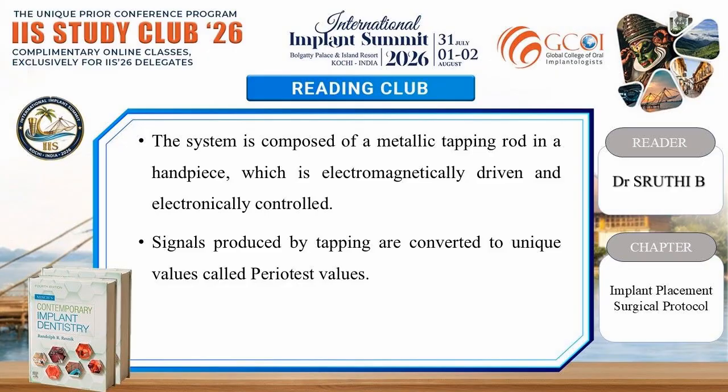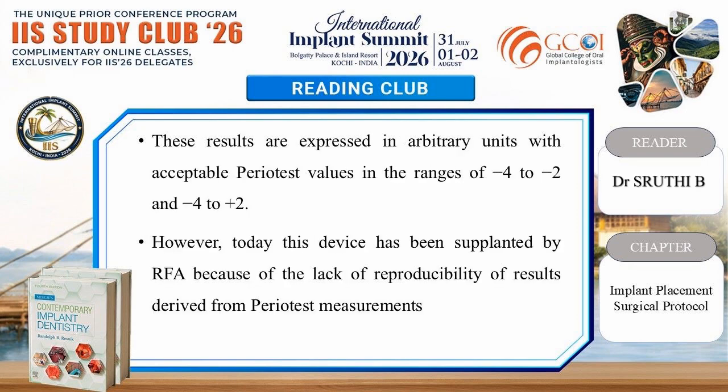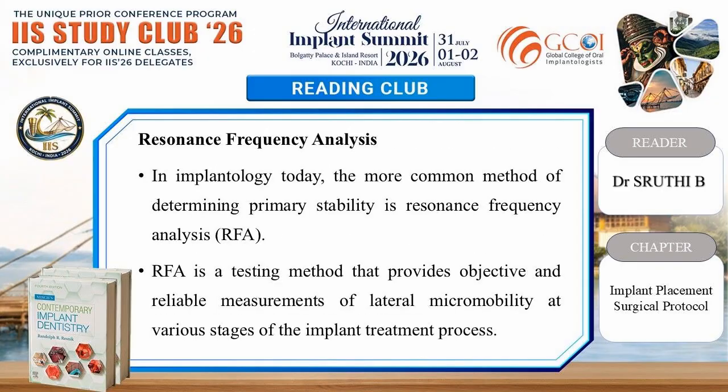Signals produced by tapping are converted to unique values called Perio test values. These results are expressed in arbitrary units with acceptable Perio test values in the ranges of -4 to +2. However, today this device has been supplanted by resonance frequency analysis because of the lack of reproducibility of the results derived from Perio test measurements.